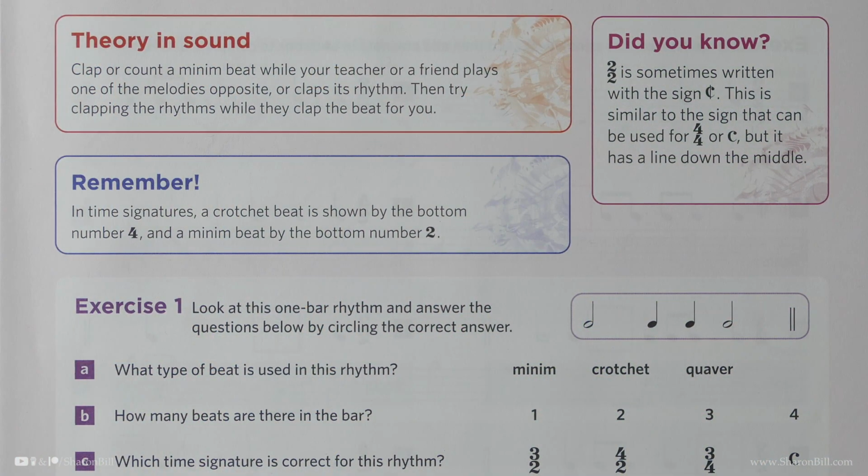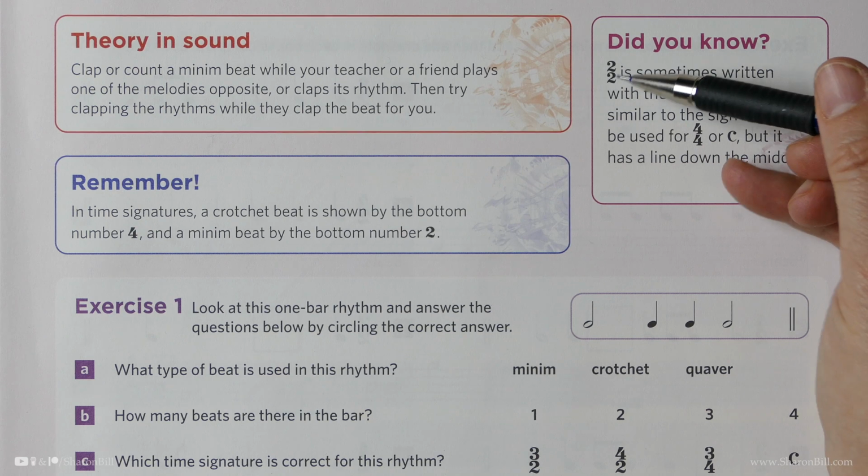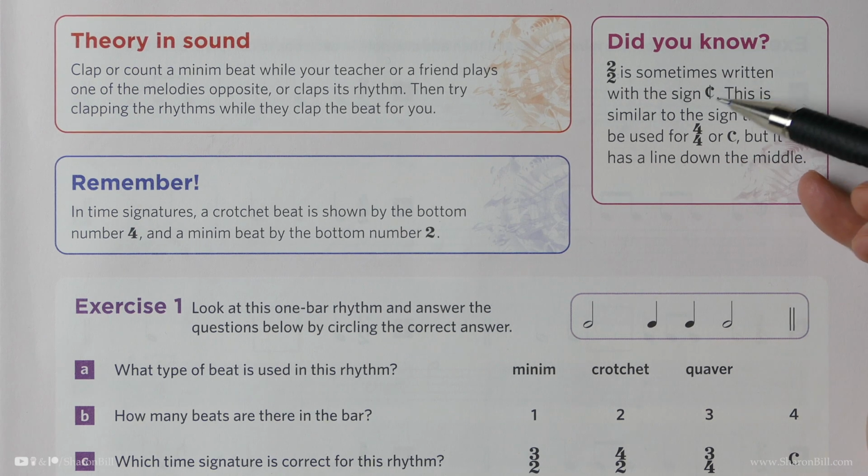We continue with chapter 2 regarding rhythm in the grade 2 Discovering Music Theory workbook, and we move on to page 7 and we'll look a little bit further into the time signatures where we're changing the bottom number. And so we see here in this little information box that 2-2 can be written with this sign here.